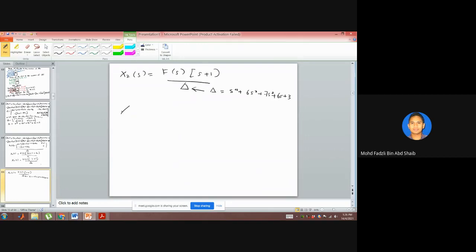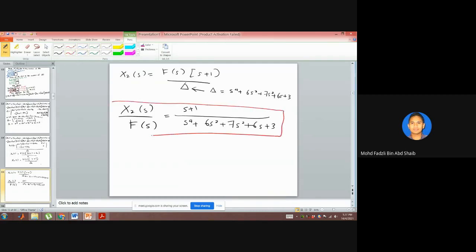So finally X2S over Fs becoming S plus 1 over S to the power 4 plus 6S cubed plus 7S squared plus 6S plus 3. Okay, this is the answer.